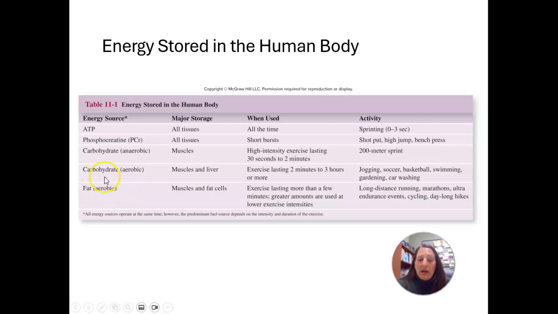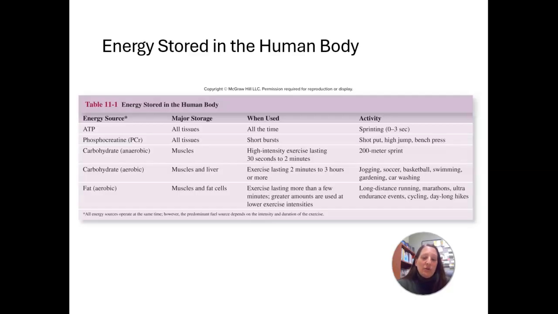And then fats can also be used. Fats can only be used aerobically; we cannot metabolize fats anaerobically. Fat is stored in muscle cells and in fat cells. When is it used? Exercise lasting more than a few minutes. So again, we'll have carbohydrates and fats being broken down aerobically. Greater amounts are used at lower intensity exercises.